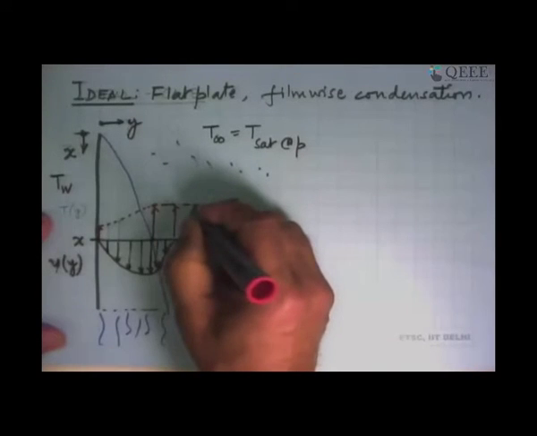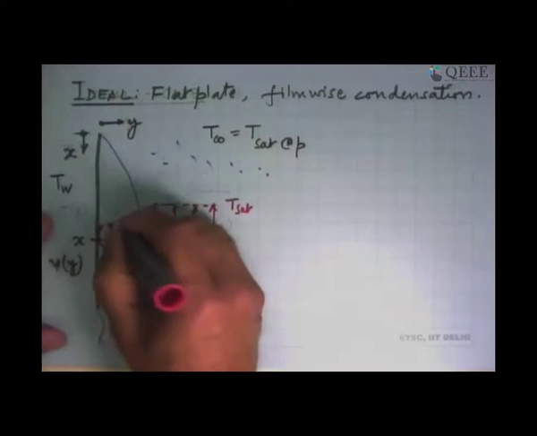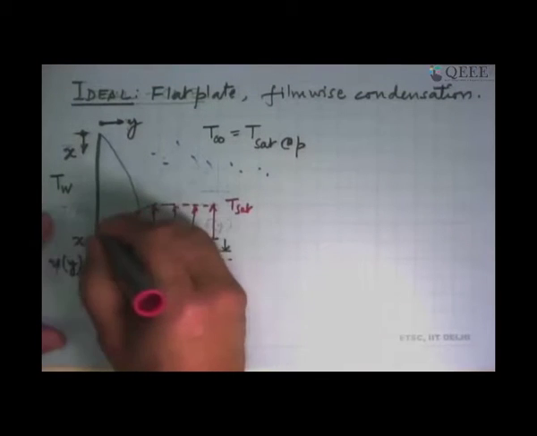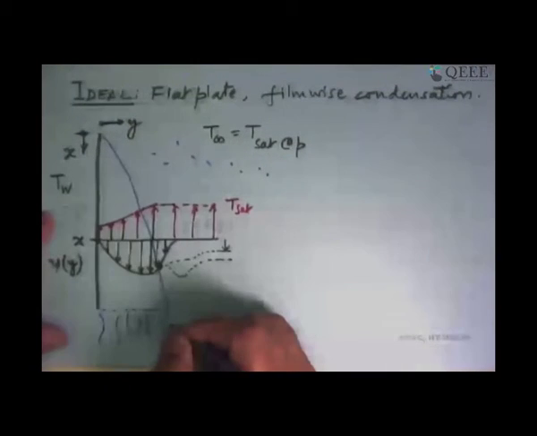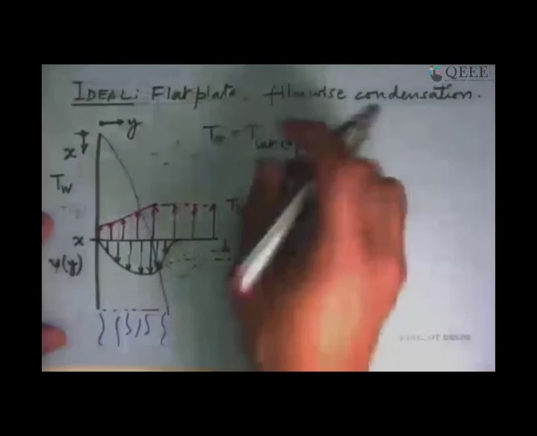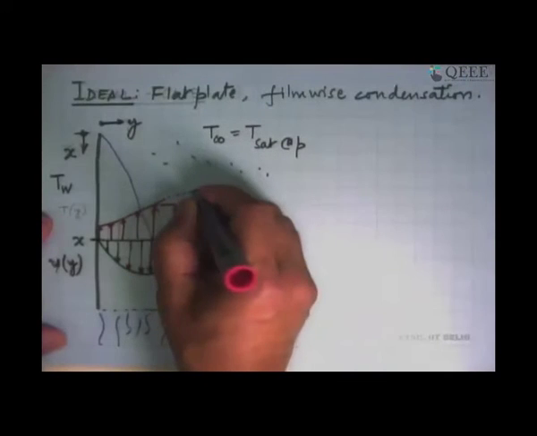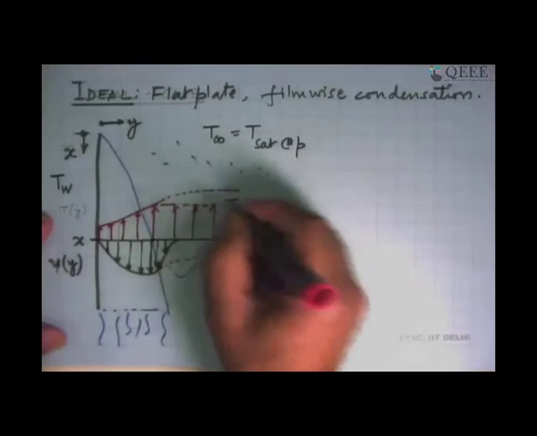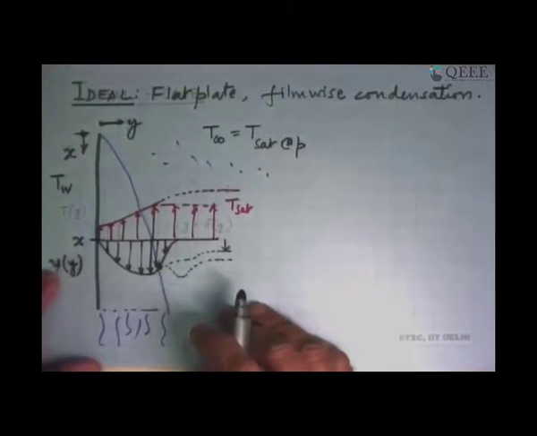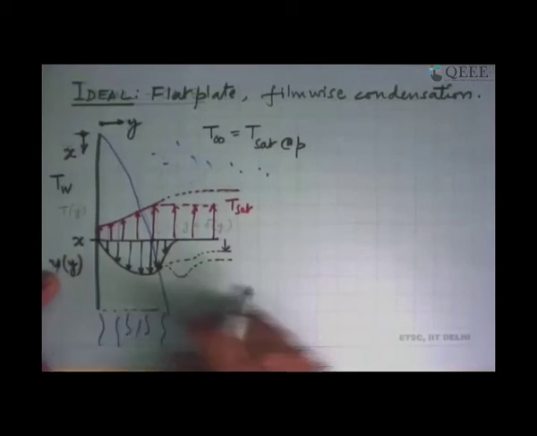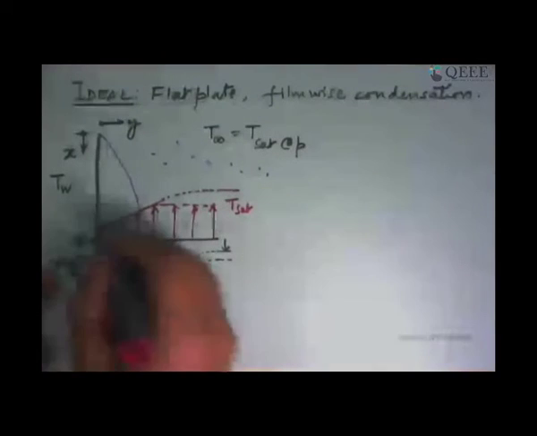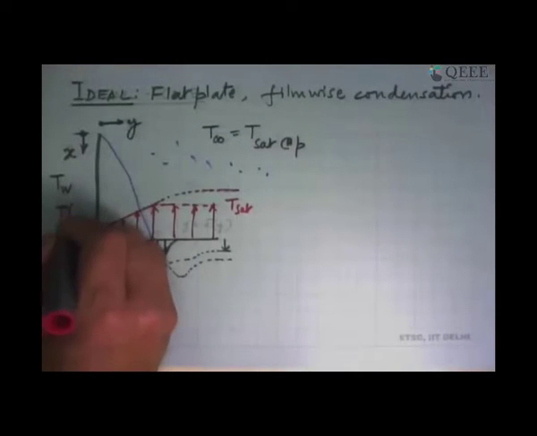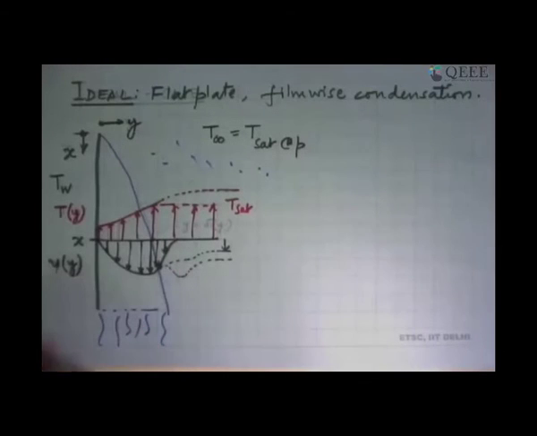So this is the way this temperature grows up. If it were slightly superheated vapor, this temperature profile will continue to rise and finally come to a value slightly greater than the saturation temperature. So that is our T as a function of y, how temperature varies normal to the plate.